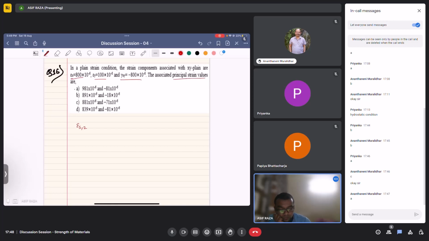Give me the values for epsilon 1, epsilon 2 and gamma xy max, all the three. Okay, let me solve it.